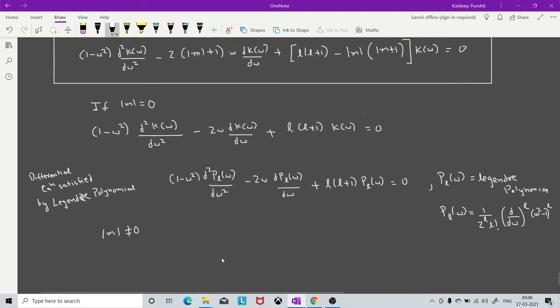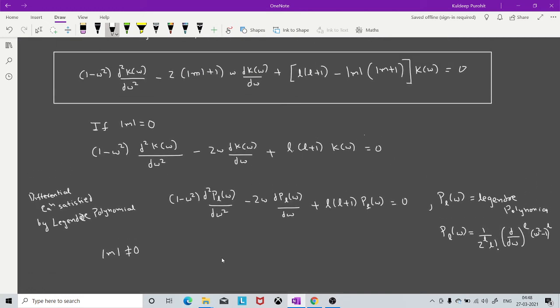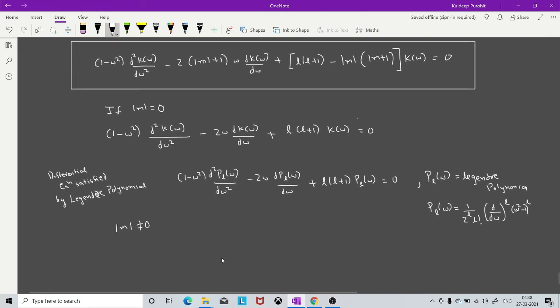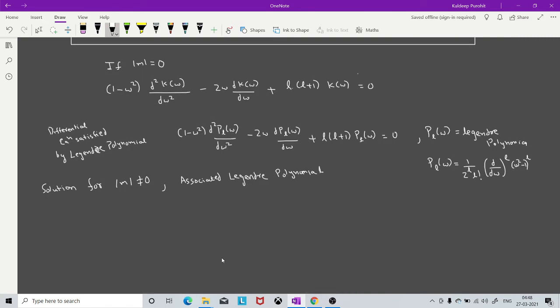So for that case, there is a small modification in Legendre polynomials, and the solution for mod m when it is not equal to 0 is given by the associated Legendre polynomial.